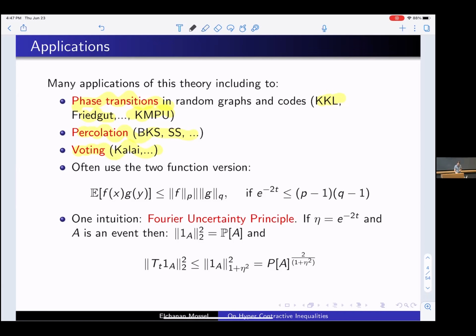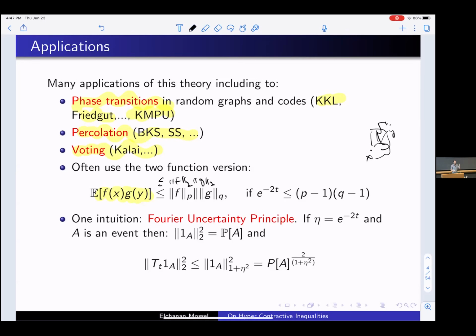So remember, we have this X and Y. I'll just draw the same picture again. We had a random walk on the discrete cube, and I started at the point X, and I walked and walked and walked, and arrived at some point Y. One thing I can try to study is the correlation between f of X and g of Y. So I can ask what's the expected value of f of X times g of Y, and if you remember your basic analysis class, there's an inequality called Cauchy-Schwarz, and Cauchy-Schwarz will tell you this is less than the norm 2 of f times the norm 2 of g.